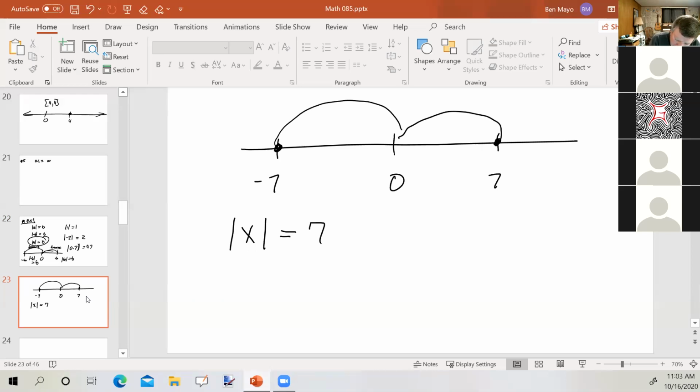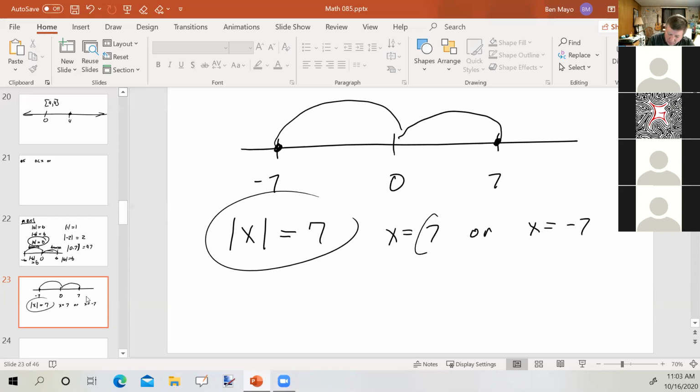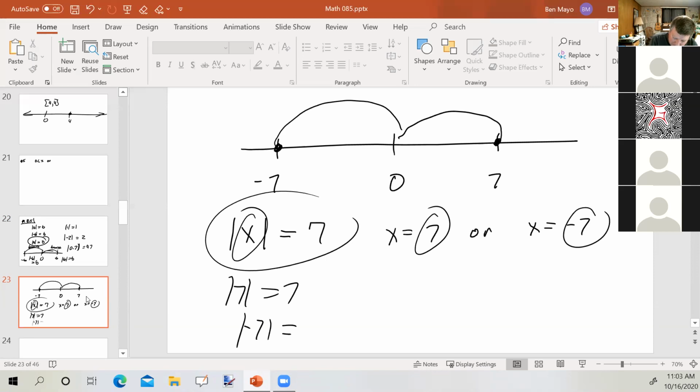So for this equation, x could equal 7 or x could equal -7. If we put 7 in here, the absolute value of 7 is 7. If we put -7 in here, the absolute value of -7 is 7. So there are those two values that have the same absolute value. -7 and 7 both have an absolute value of 7. Any questions about that?